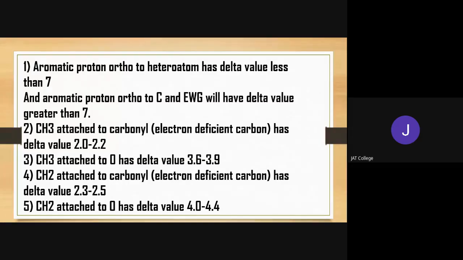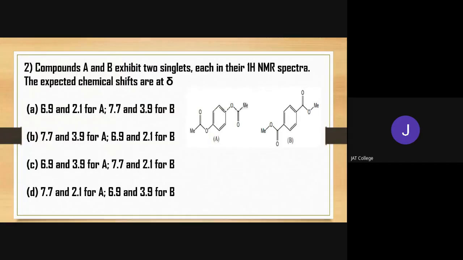These are the basic things. You don't have to remember the delta values of all the compounds or all the fragments. You just have to remember the delta values of some simple fragments, that is CH3 and CH2 only, and the delta values of the aromatic regions. Now, take a look. Compounds A and B exhibit two singlets each in their 1H NMR spectra.